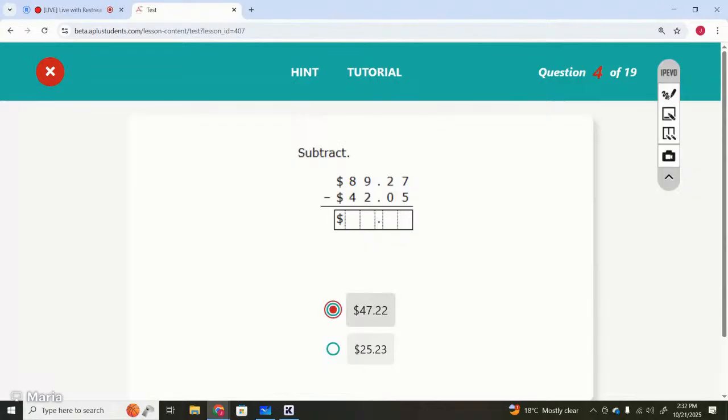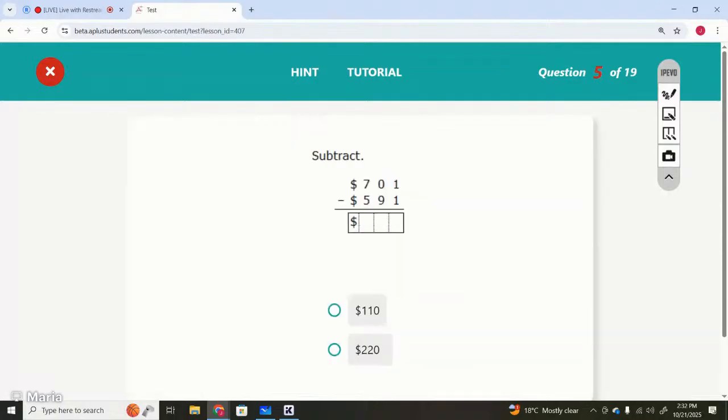That is 47.22. Option number 1 is the correct option. $701 minus 591. 1 minus 1 is 0. 10 minus 9 is 1, and $110 it is. Option number 1 is the correct option.